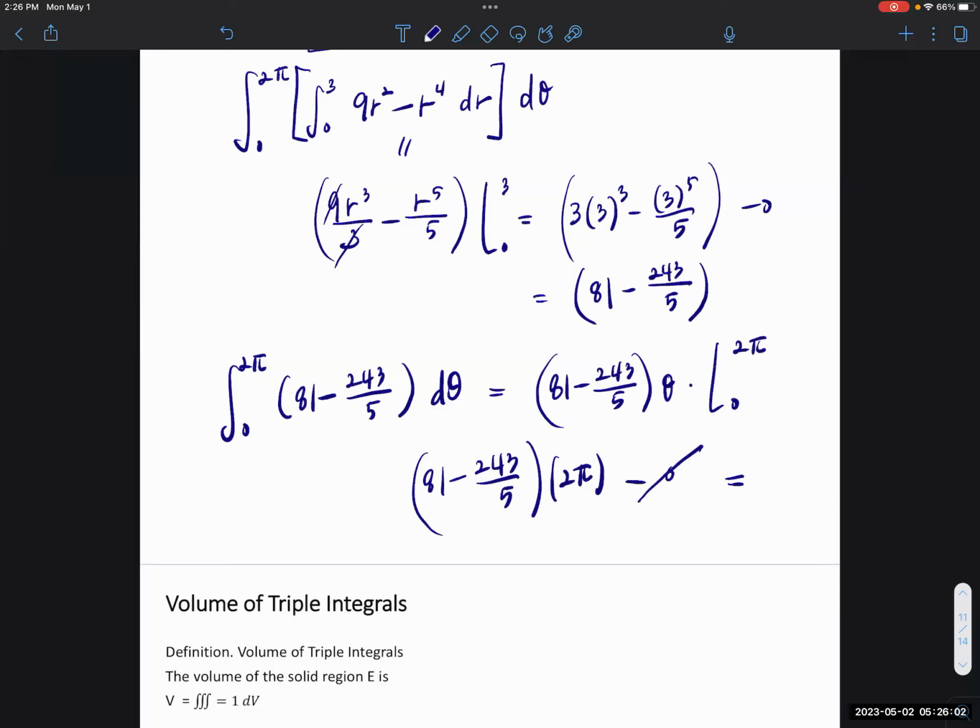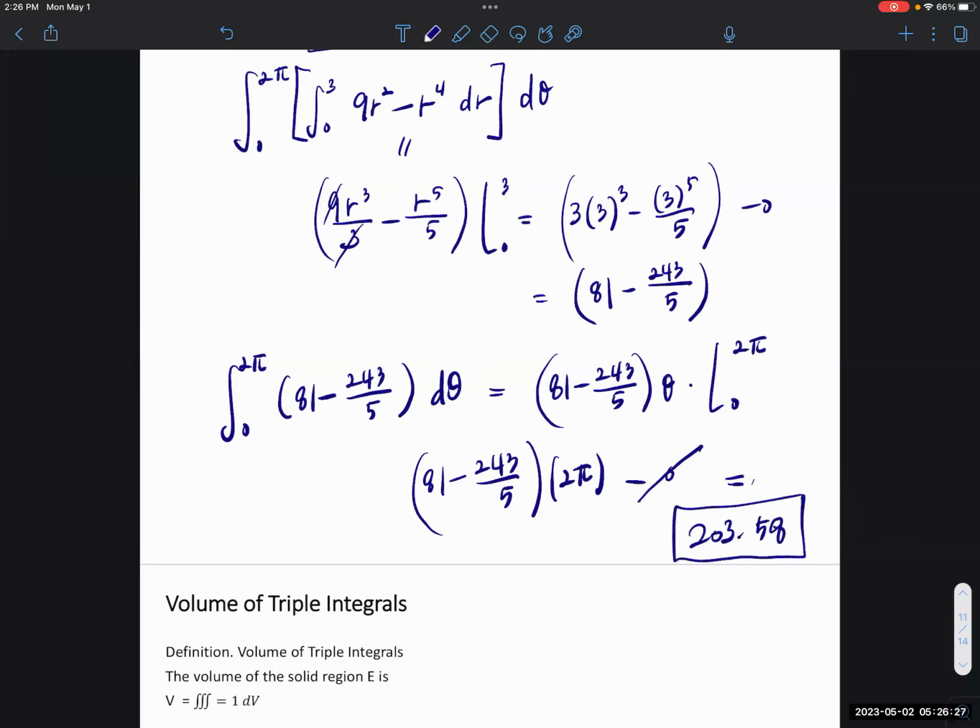So let me find that answer for you. The answer should be 81 minus 243 divided by 5, and then you multiply by 2 pi. So the answer should be about 203.58.